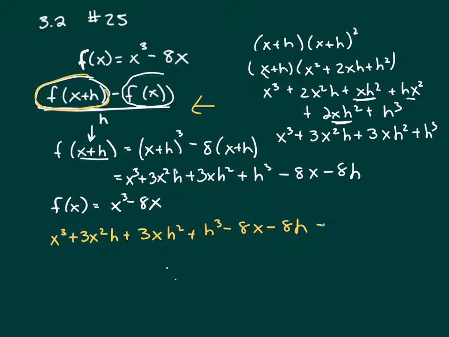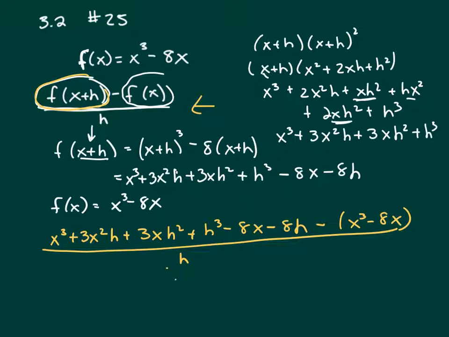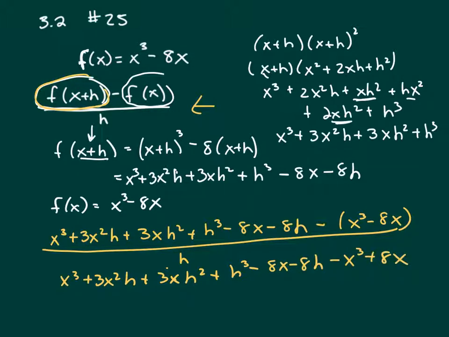Okay, minus f of x, which is x cubed minus 8x. And the whole thing's over h. So this is x cubed plus 3x squared h plus 3xh squared plus h cubed minus 8x minus 8h minus x cubed plus 8x, all over h.